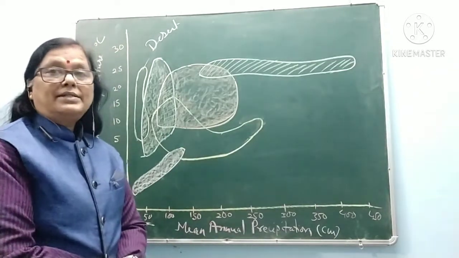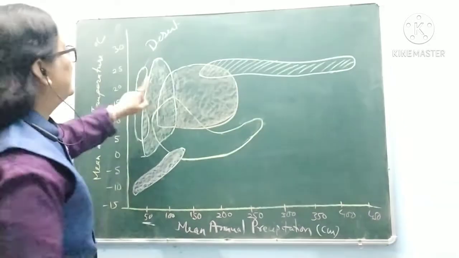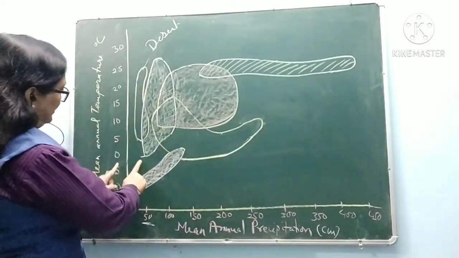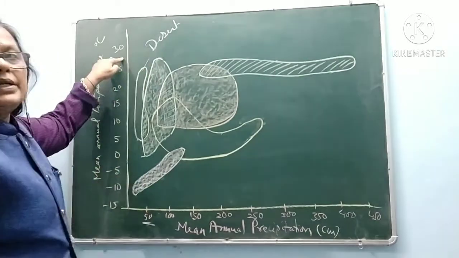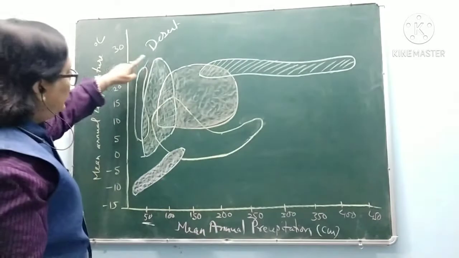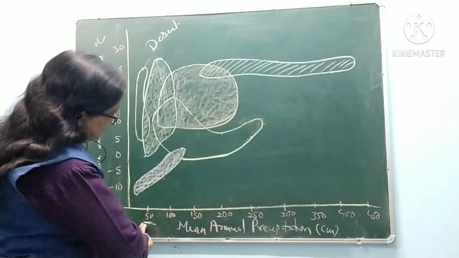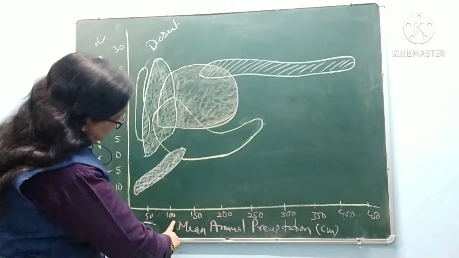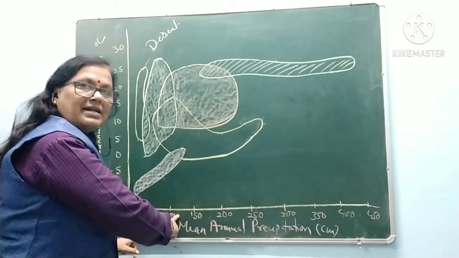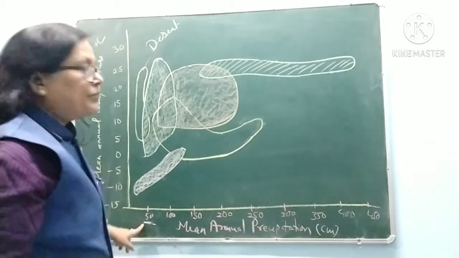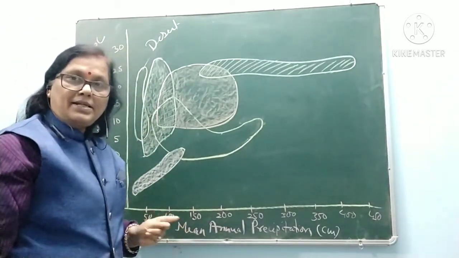hot desert. And this is the grassland, and this grassland ranges from 0 degrees Celsius temperature to near about 27 degree Celsius, having the rainfall or precipitation ranges from 50 centimeter up to 100 or 120 centimeter. This is the distribution of grassland, that is savanna. The savanna is mixed woodland as well as grassland.